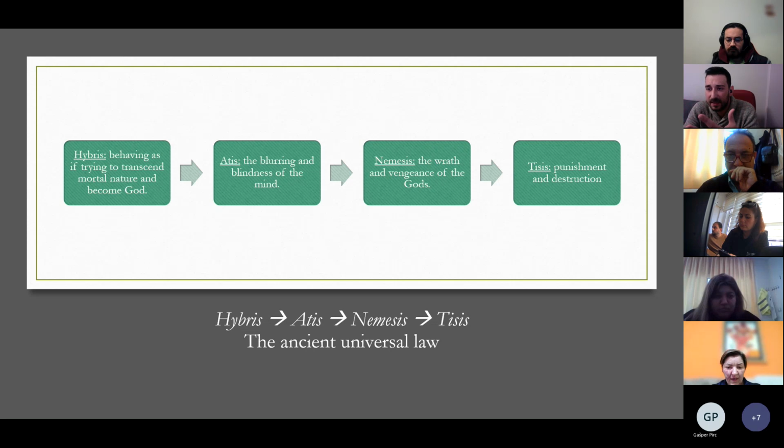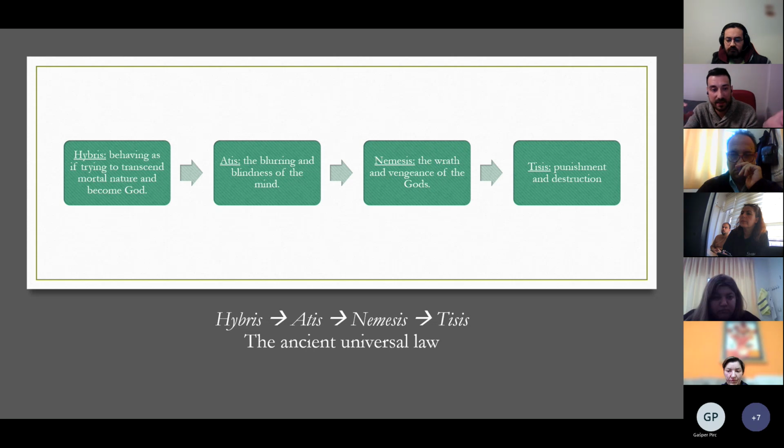This is, let's say, an insult, and could be described as behaving as if trying to transcend, as we've said, mortal nature and become God. Such practices were thought to anger gods and nature itself.